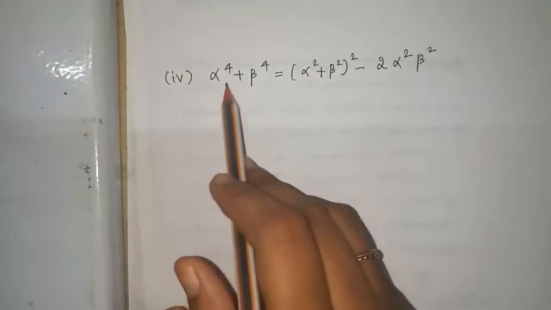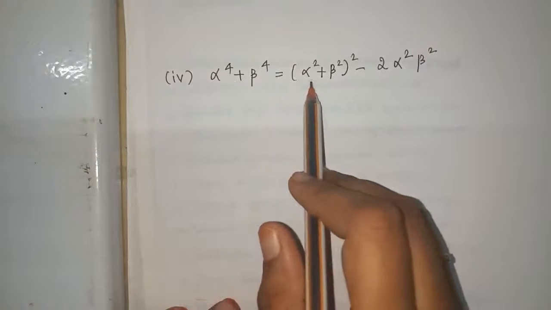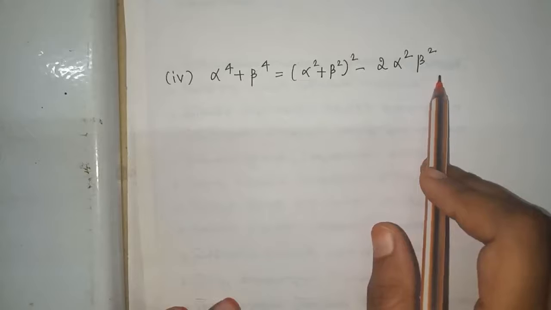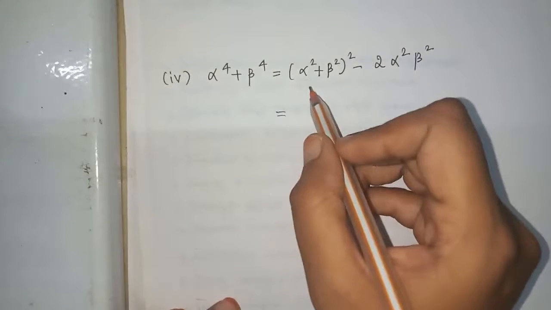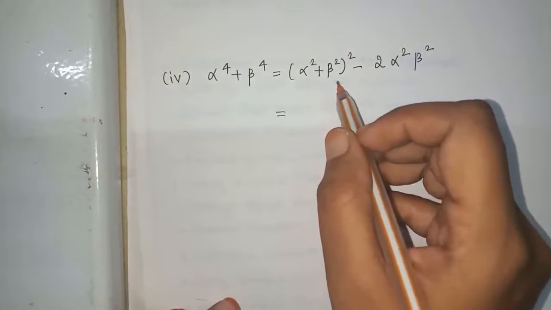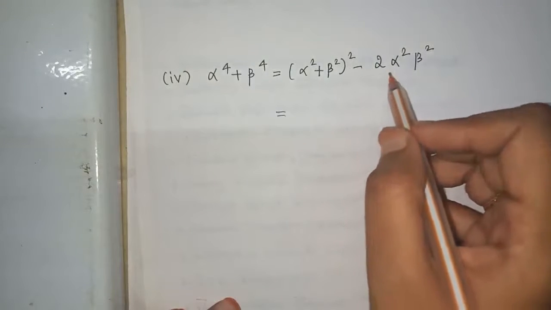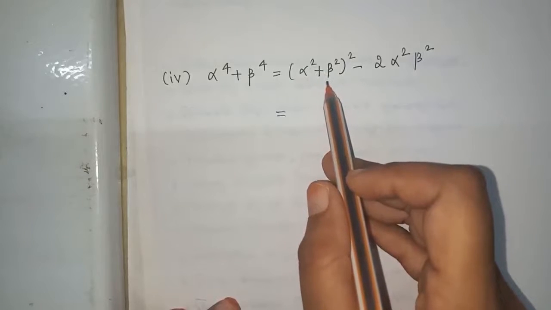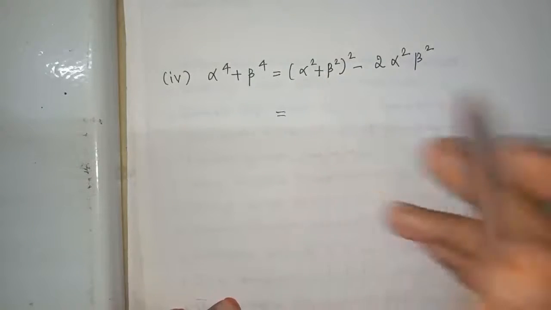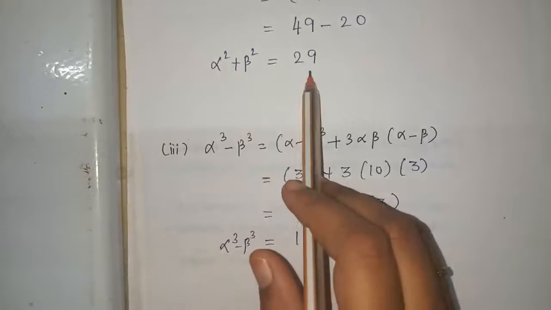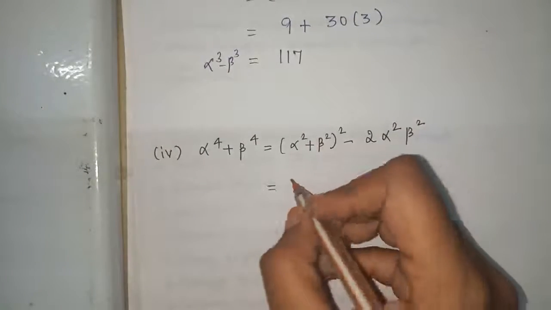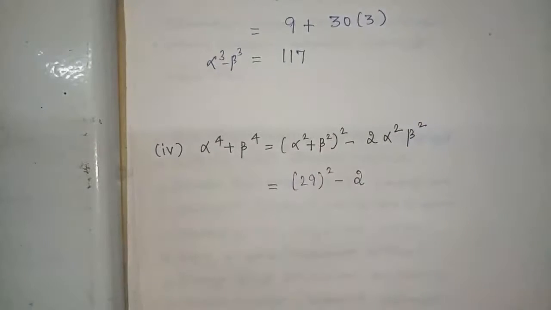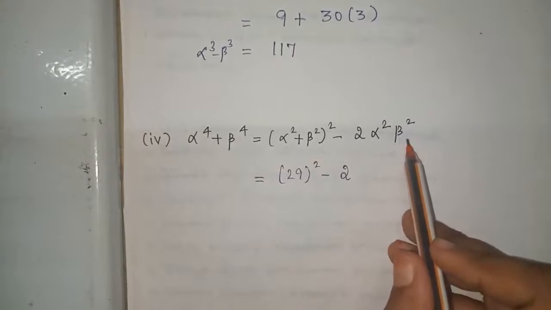Fourth subdivision, alpha power 4 plus beta power 4 is equal to (alpha square plus beta square) the whole square minus 2 alpha square beta square. Alpha square plus beta square value we already found in the second subdivision. Alpha square plus beta square is equal to 29. So 29 the whole square minus 2 into alpha square beta square.